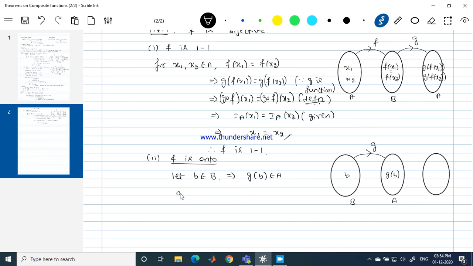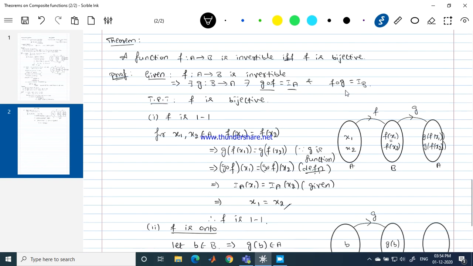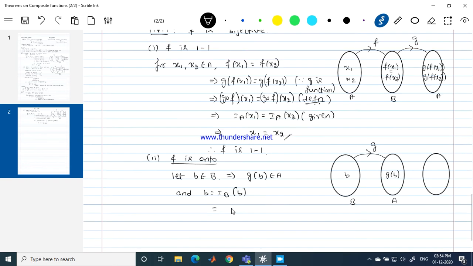Now we can note that b can be written as I_B of b, because I_B is an identity function defined on B, so the image of b is itself. I_B is nothing but g composition f.